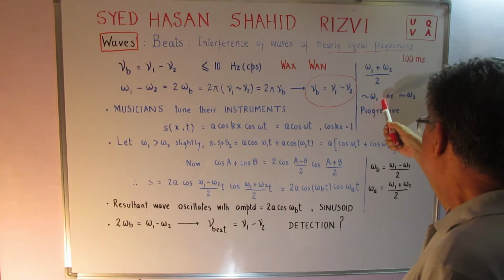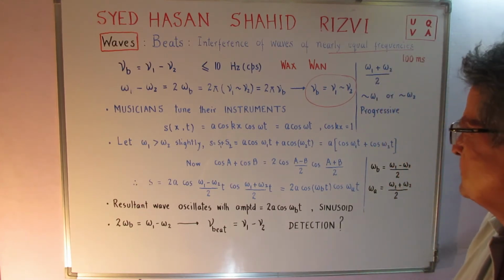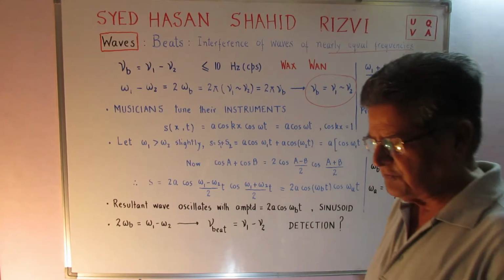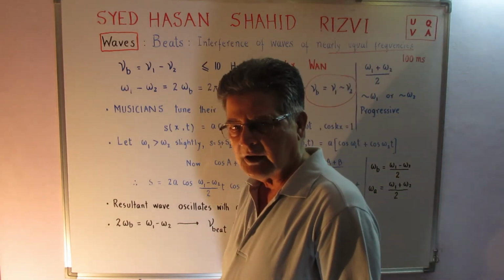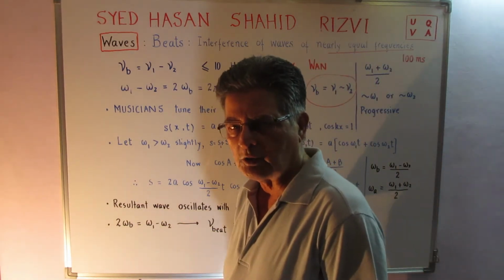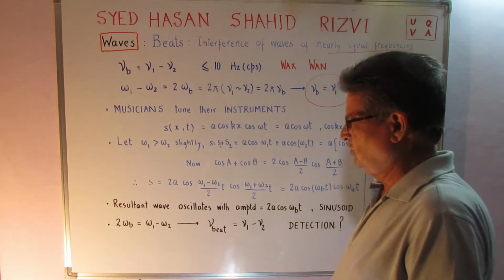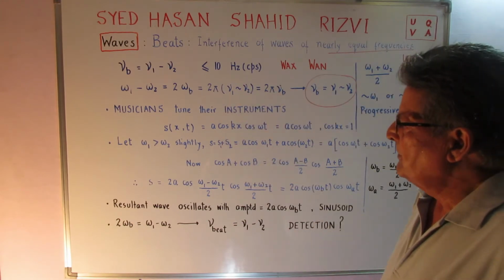Like if the frequency of one is 102 and the other is 100, then this frequency will turn out to be 101 hertz, which is very close to the frequency of the original waves.